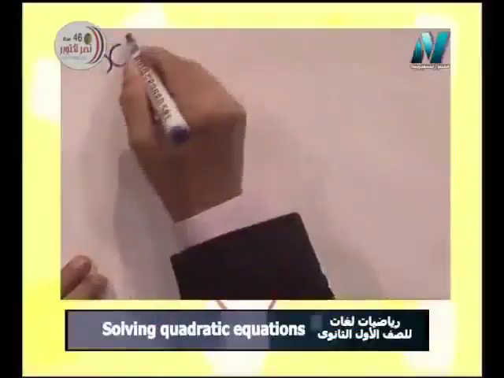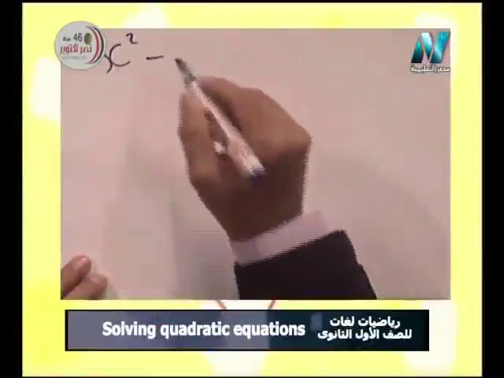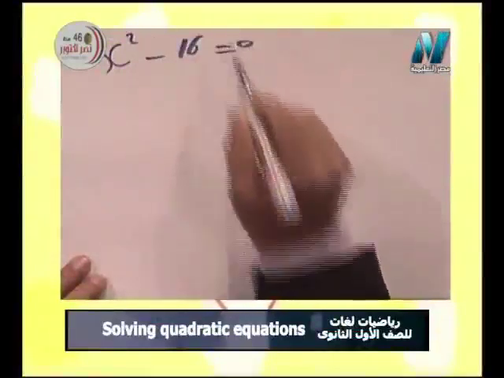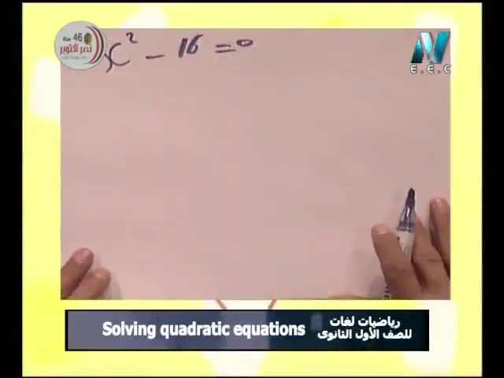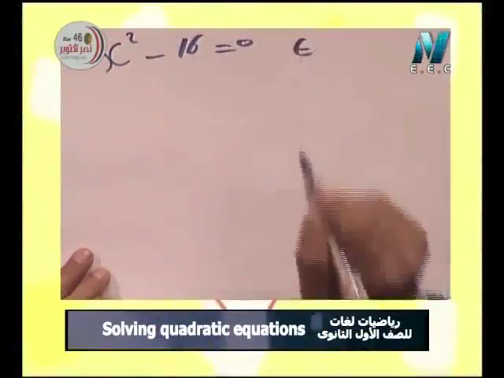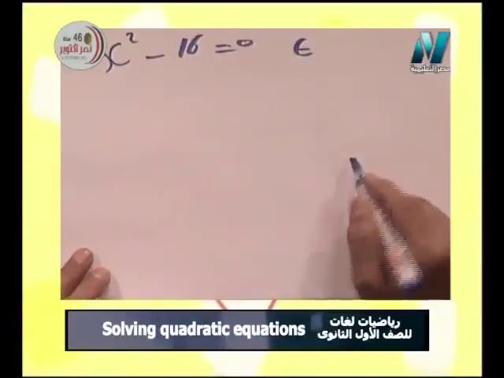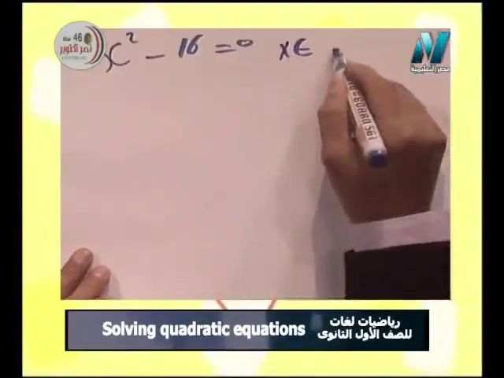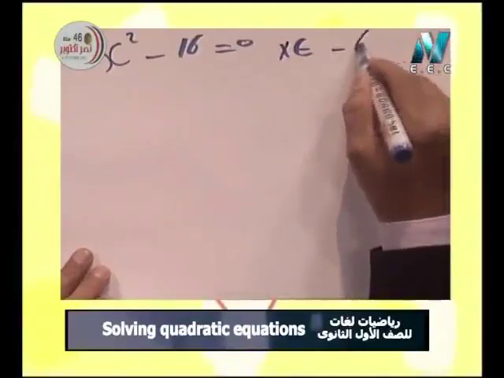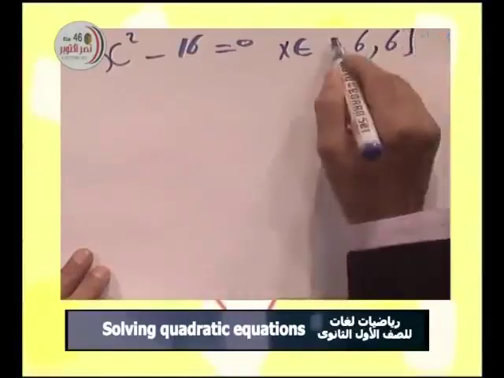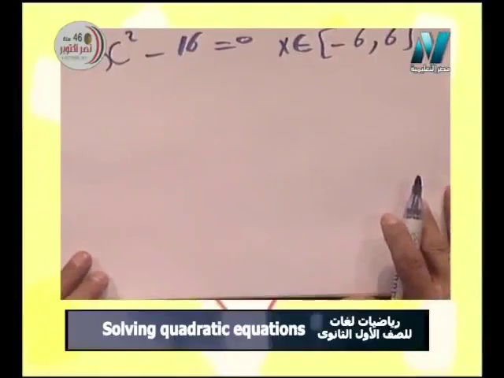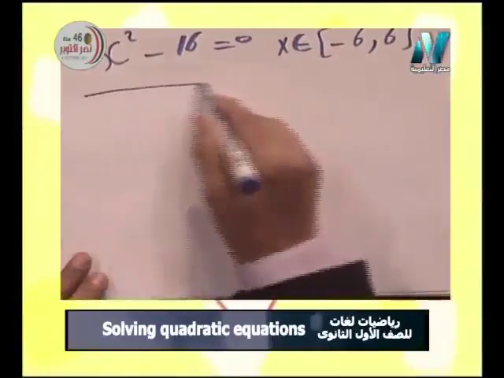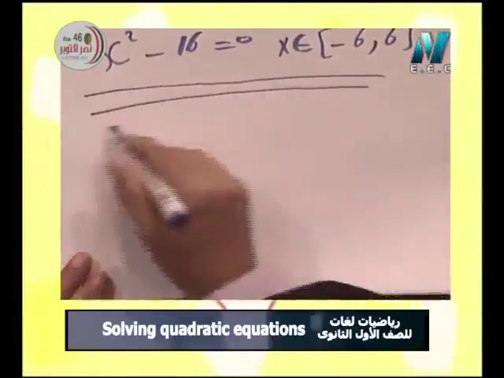Okay, we will solve x power 2 minus 16 equals 0 graphically, and the interval we take will be x belongs to the closed interval from negative 6 to 6. We can make a table like this.